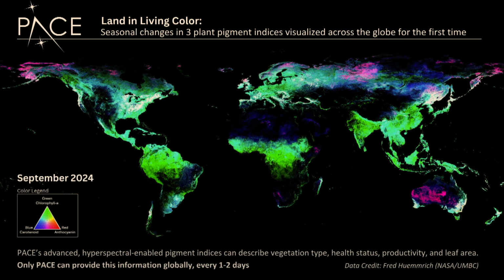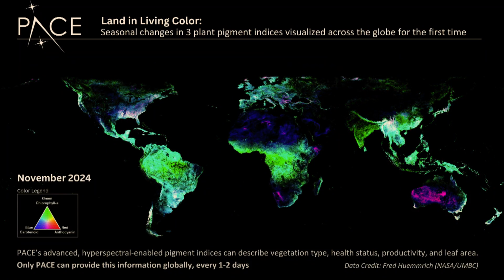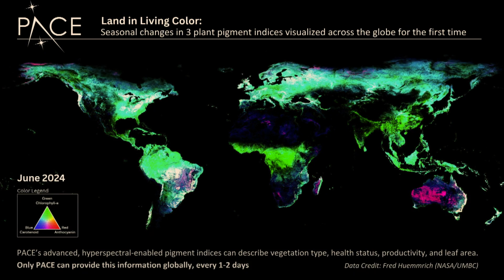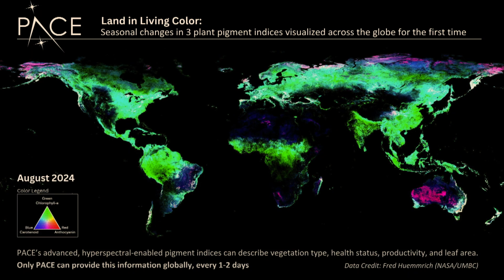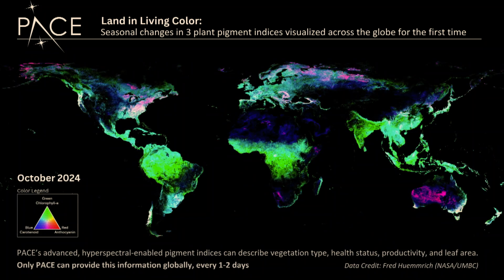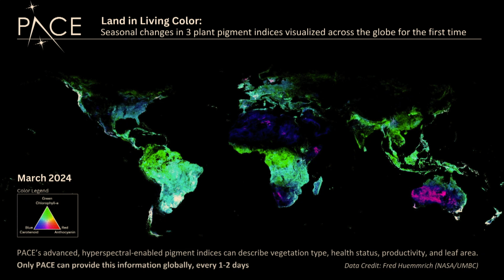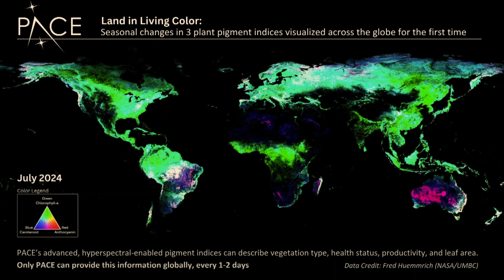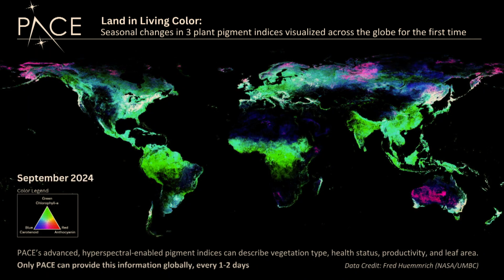And what we can do now is look at these pigments. In this case, blue is the carotenoid concentration, red is the anthocyanin, and green is chlorophyll. And we can see the whole globe change, and the global leaf chemistry change with that.